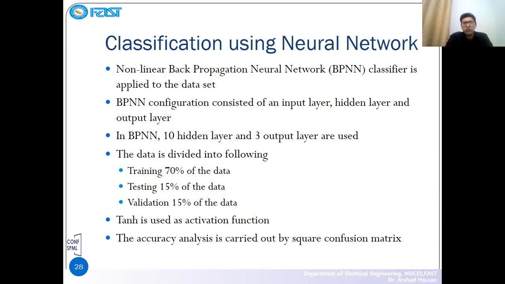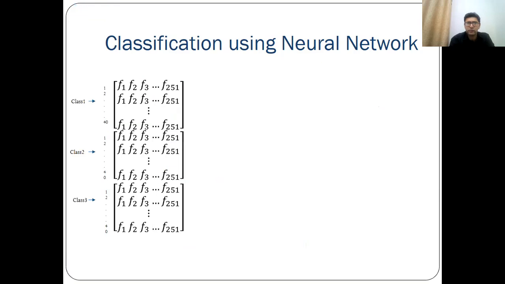Actually, we have 120 data vectors, which is 100% of the data. And from those, we used 84 data vectors for training, and the remaining 36 we used for testing and validation: 18 for testing and 18 for validation. And tanh is used as an activation function, and the accuracy is also carried out by a confusion matrix.